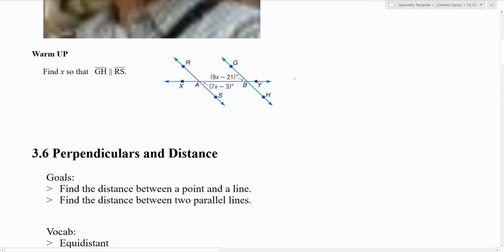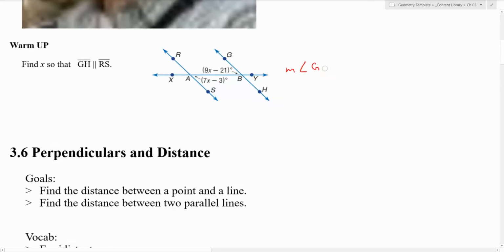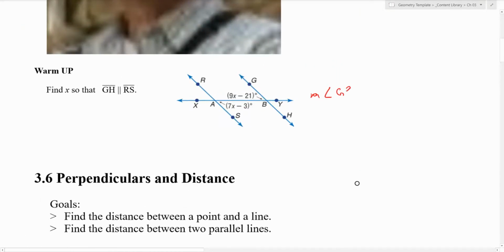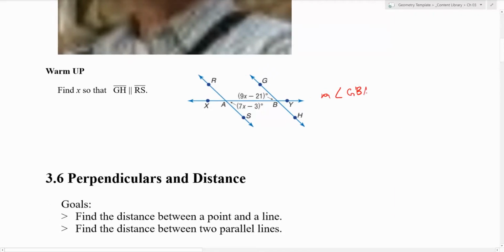So let's just go ahead and say that the measure of angle GBA is equal to the measure of angle BAS. And so that's 9x minus 21 equals 7x minus 3.